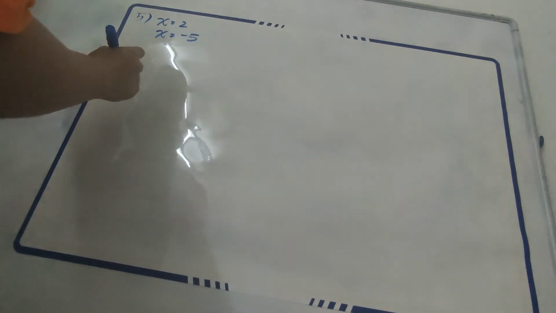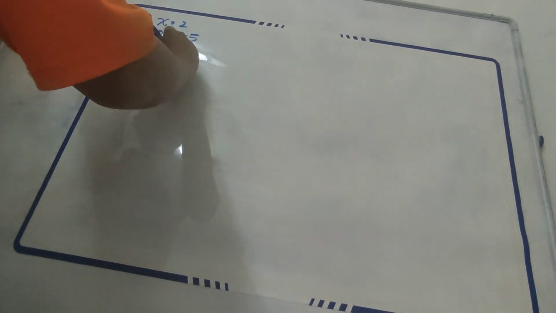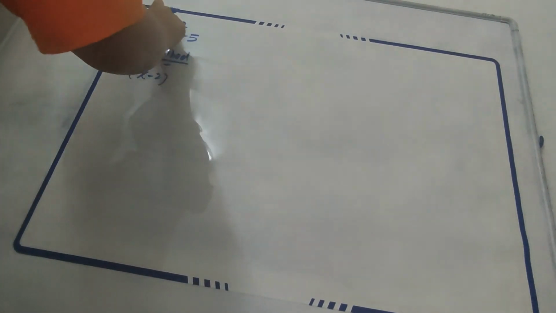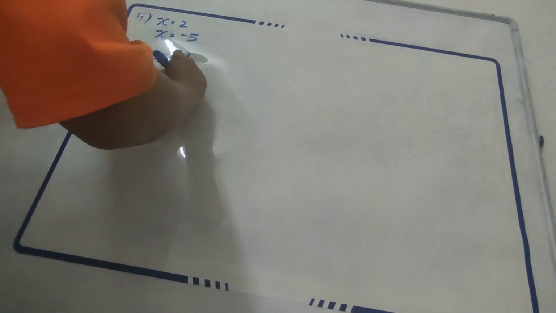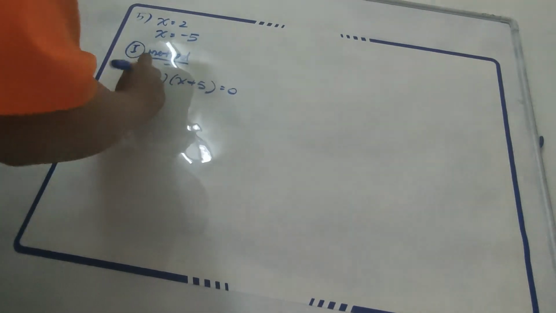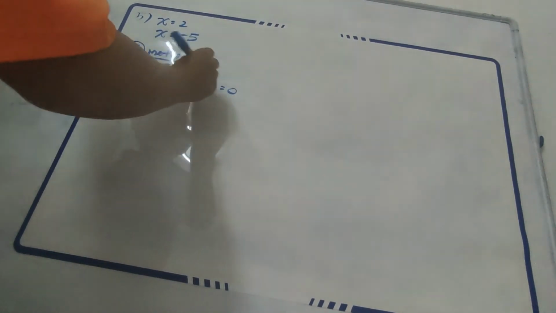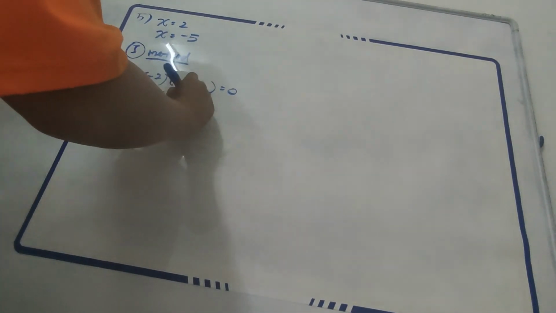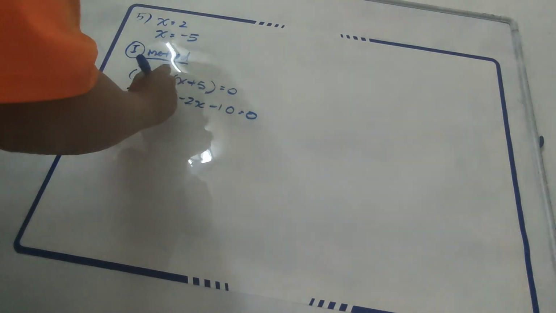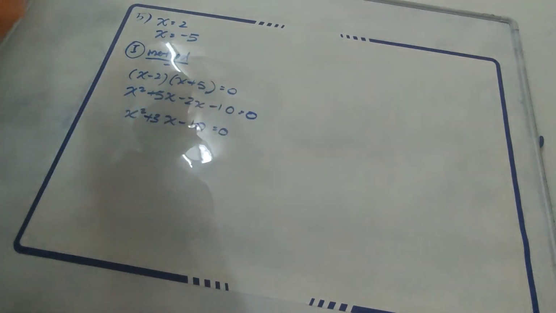For method 1, which is quite simple, you move the 2 to the left hand side: x minus 2 times x plus 5 equals 0. So x times x is x squared, x times 5 is 5x, x times negative 2 is minus 2x, then minus 10 equals 0. So x squared plus 3x minus 10 equals 0.